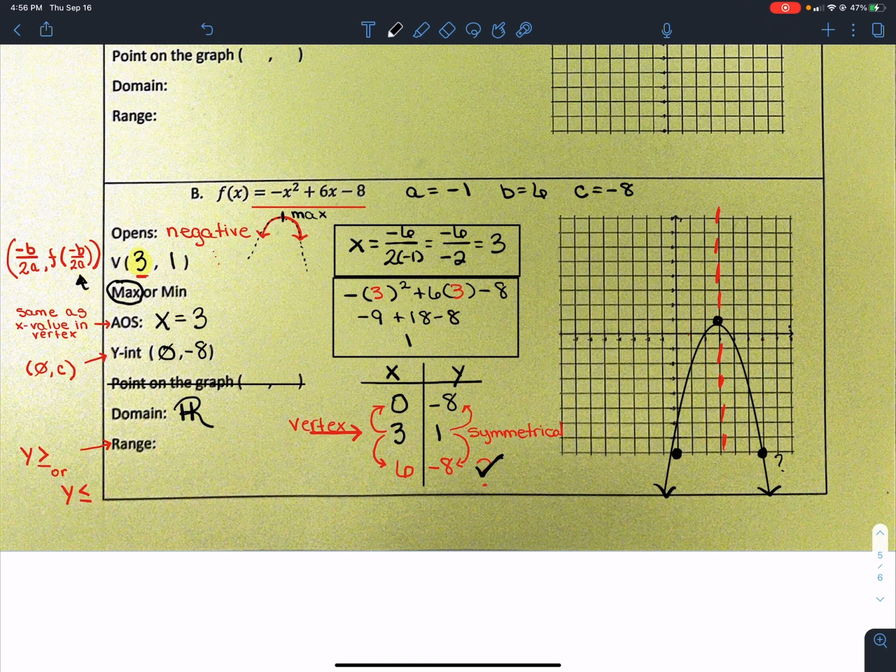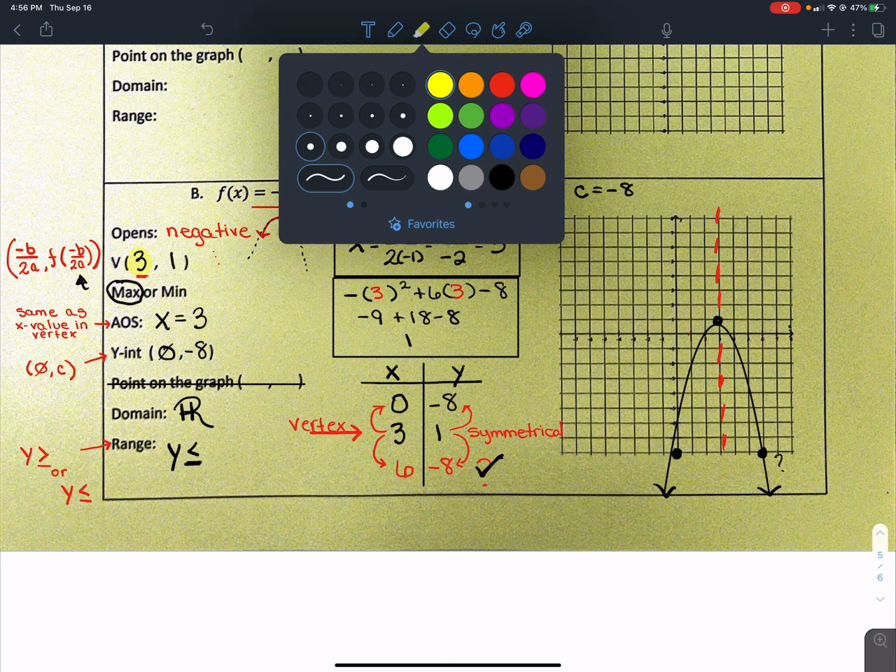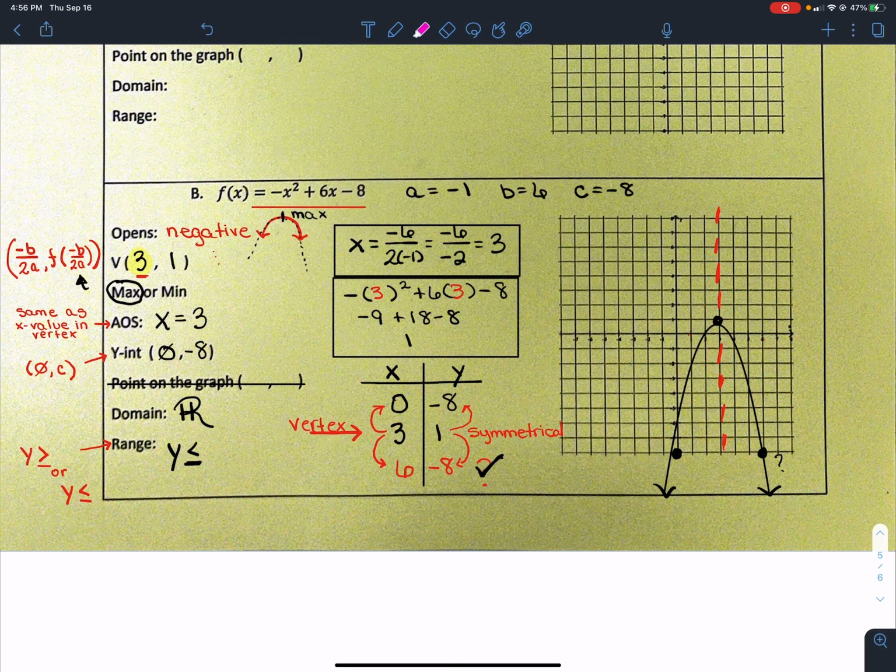Going back up on top where we wrote down those notes, we said if it opens downward, then it's going to be y is less than or equal to the y value of the vertex. So it's going to be y is less than or equal to 1.